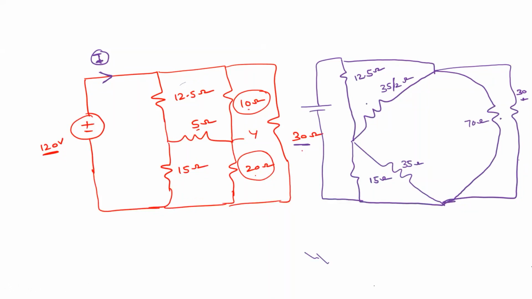Understand? So now, if you notice, these two are in parallel, right? And these two are in parallel, and these two are parallel. Agree? So how is this circuit reduced now? You have one parallel resistor here, another parallel resistor, and another. So what is this value?